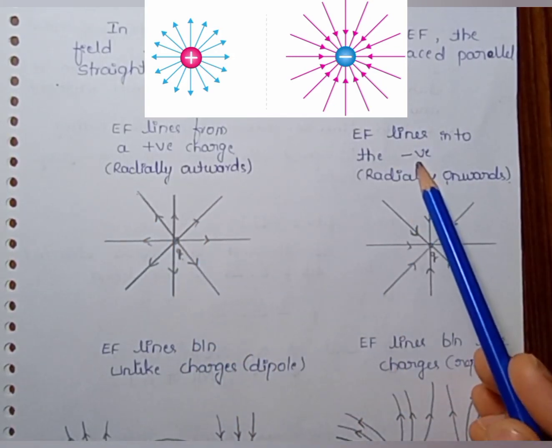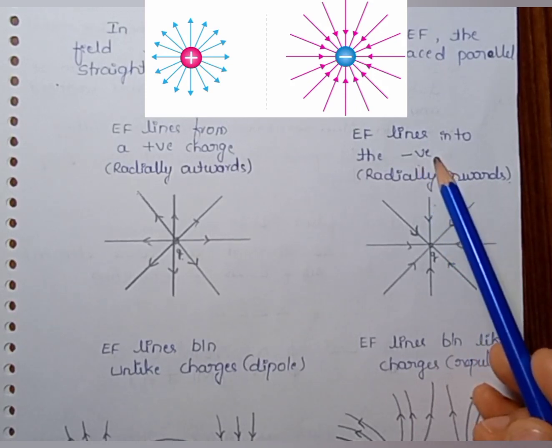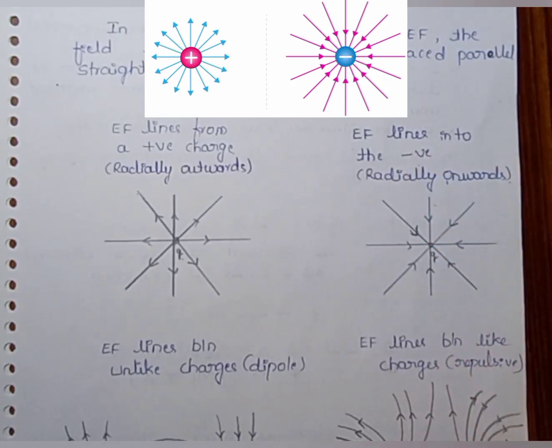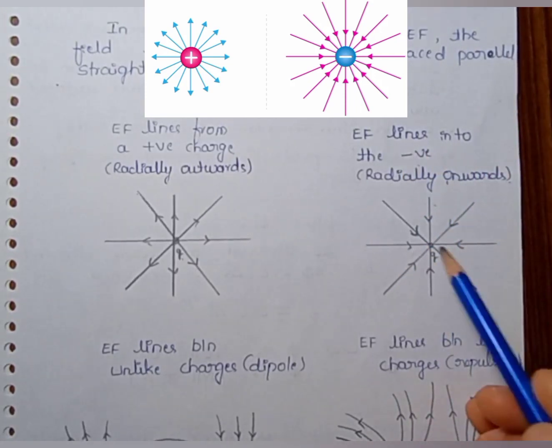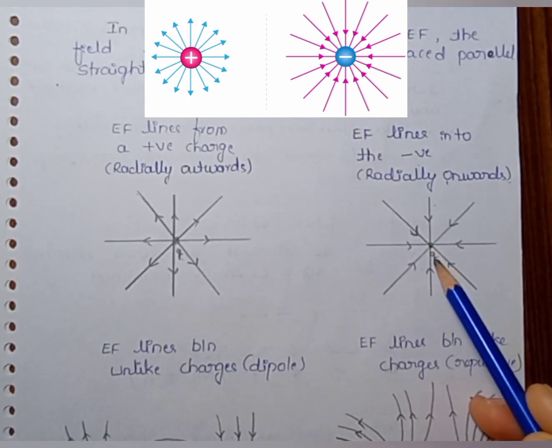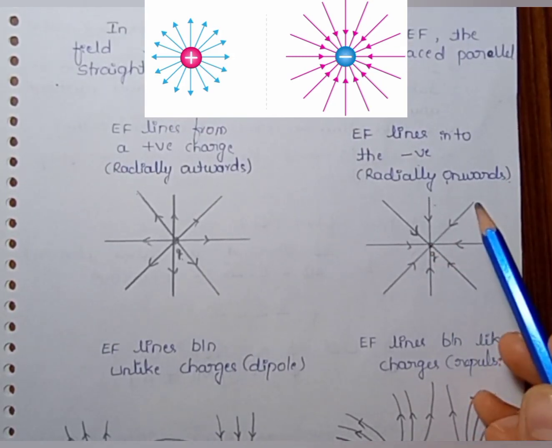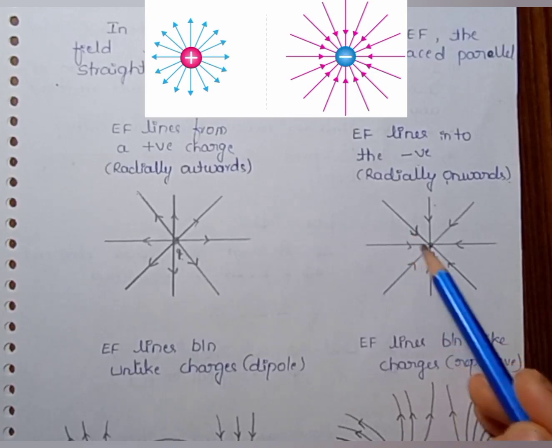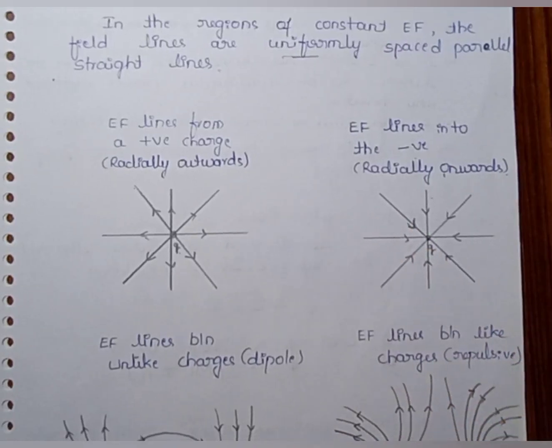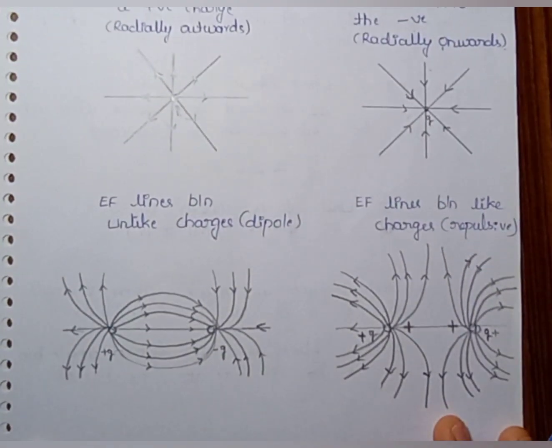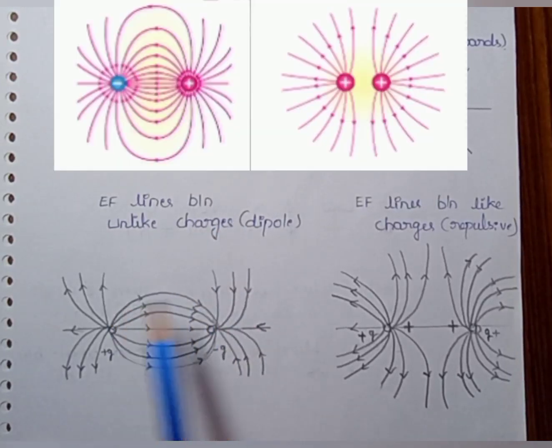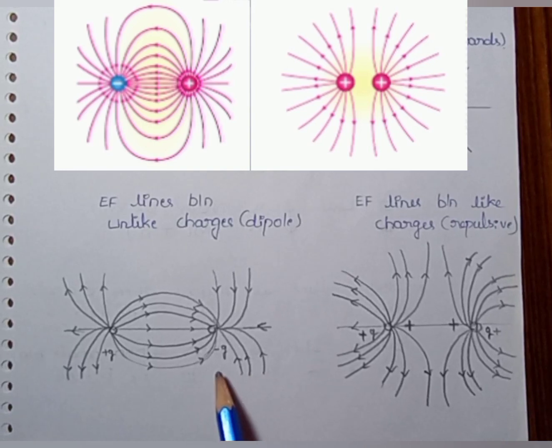In case of negative charges, electric field lines move radially inwards. Let us consider that one is the point charge Q and all the electric field lines are moving inwards, and this one is the diagram for electric field lines between unlike charges. Unlike charges means one is positive charge, another one is negative charge.